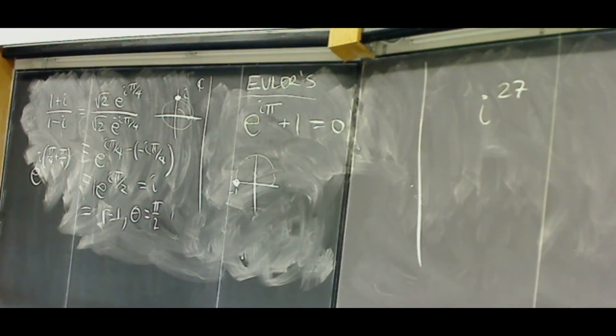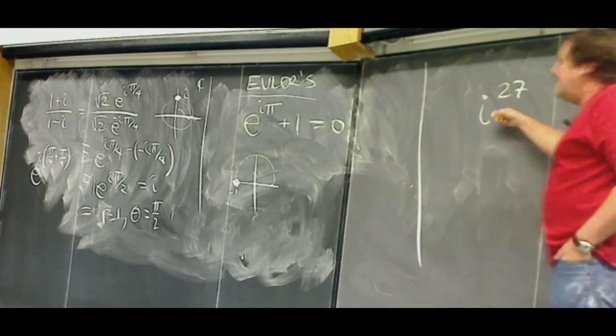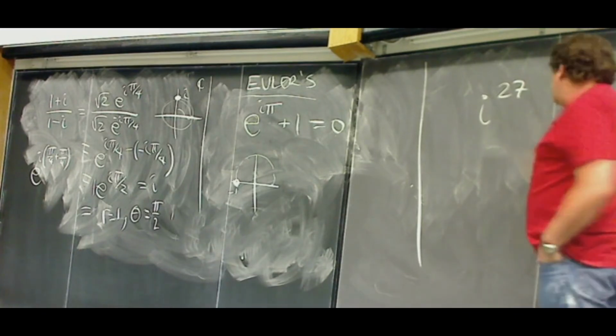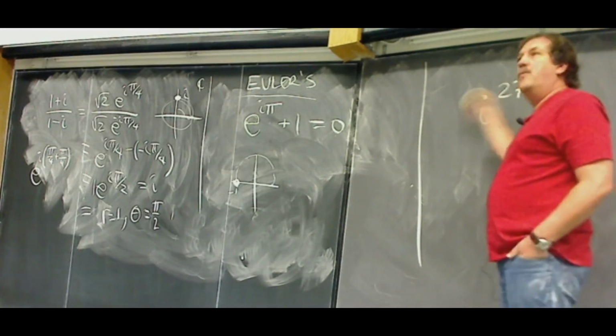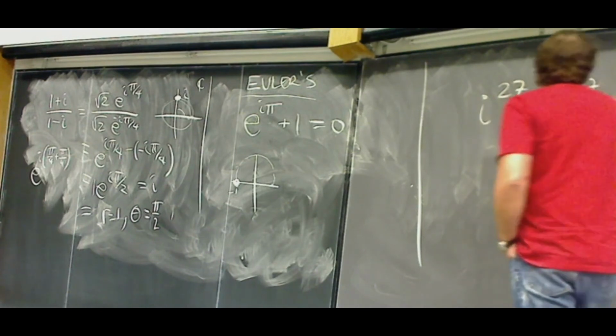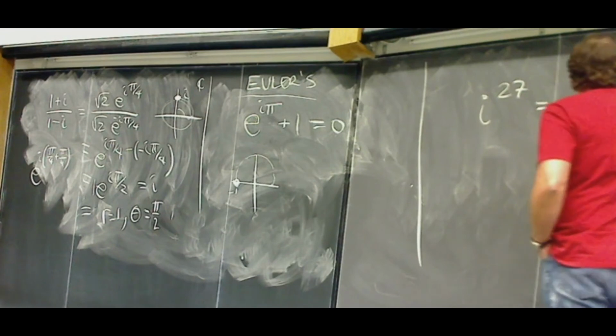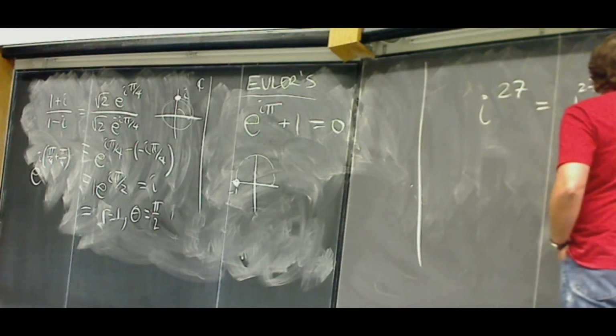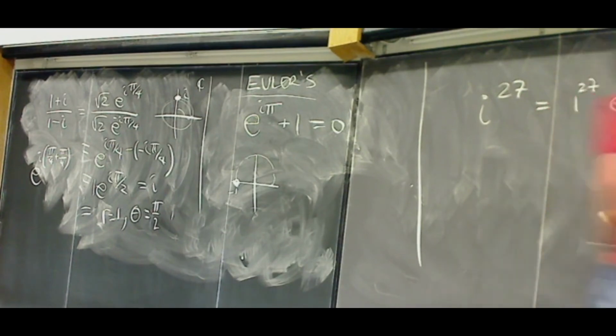Well, we could multiply it too. I to the 27th just says, well, its length is going to be 1, because this is 1 to the 27th times e to the 27th times pi over 4 I.